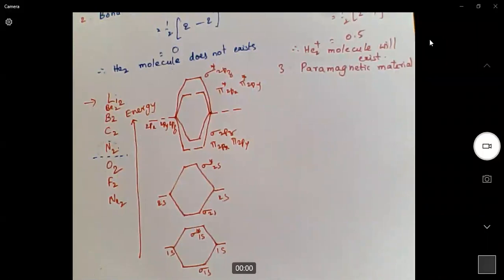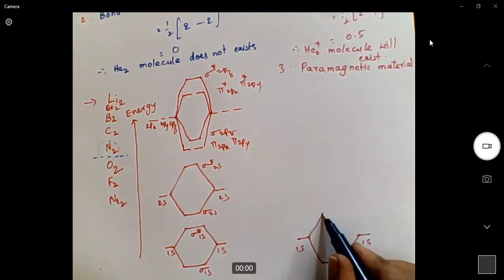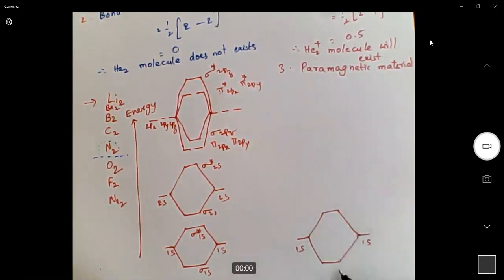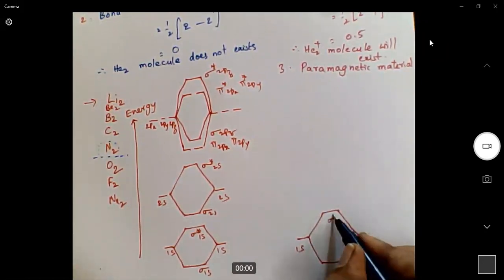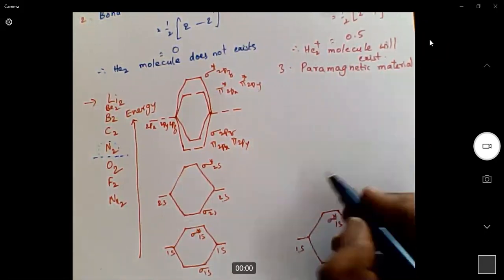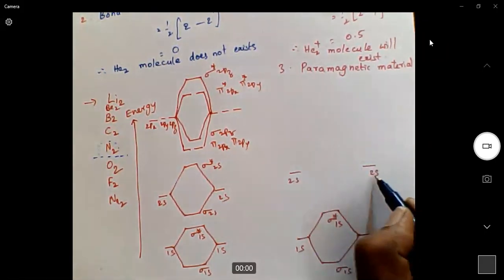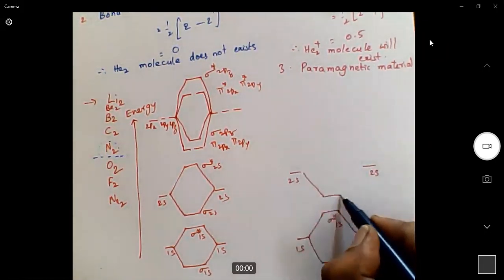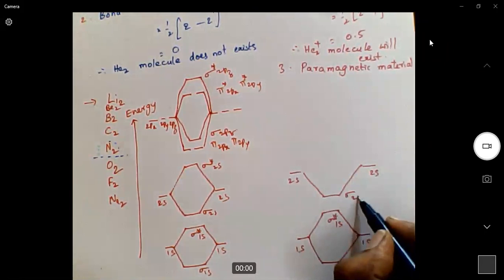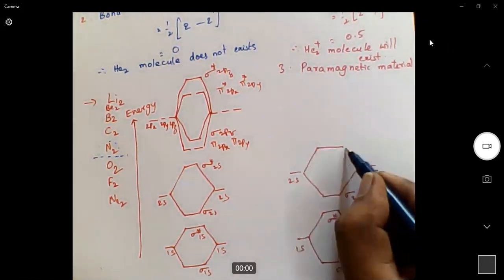I'll write the second model also. When we have 1s orbitals, there is no change. Whatever the atom is, we will get sigma 1s, sigma star 1s. When we have 2s, then also there is no change. We will get sigma 2s, sigma star 2s.